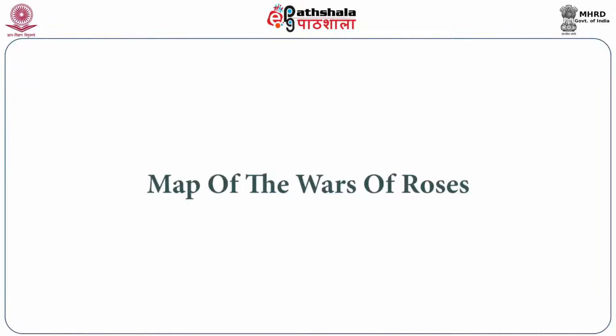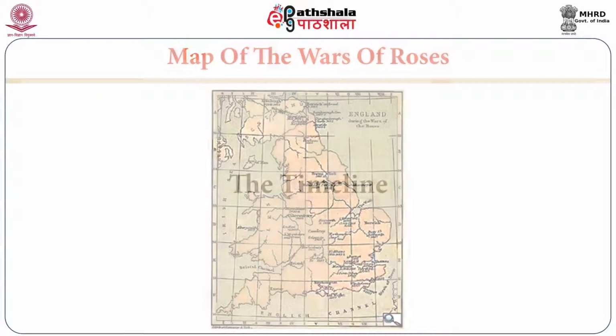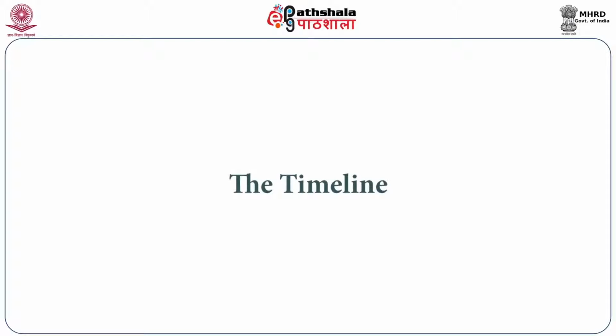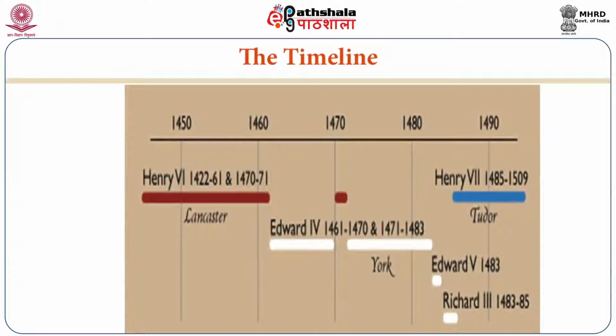Friends, you have the map of the Wars of the Roses on the screen. In this map, you can easily visualize how things were placed. Now, the timeline. If you start from the left, 1450, Henry VI, 1422 to 61, and 1470 to 1471 in Lancaster.